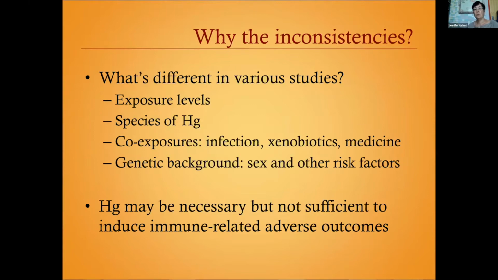Ultimately, all of these will become inorganic inside the tissues, but the exposure dose, route, type, and species of mercury is important. Interestingly, with co-exposure, sometimes it's difficult to see what the co-exposure actually is, but it could be things like infection. As Sarah has mentioned, co-exposures to different environmental factors, xenobiotics, medications, stress, your genetic background, so those endogenous factors, the sex of the individual, among other things.